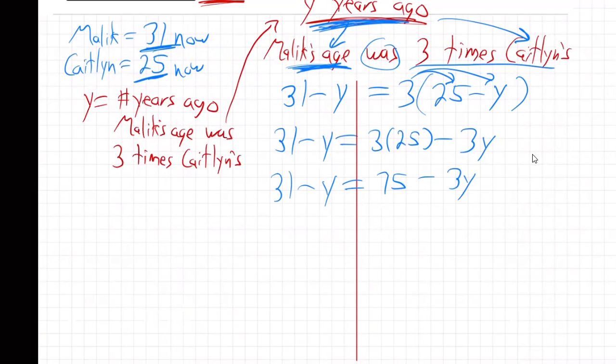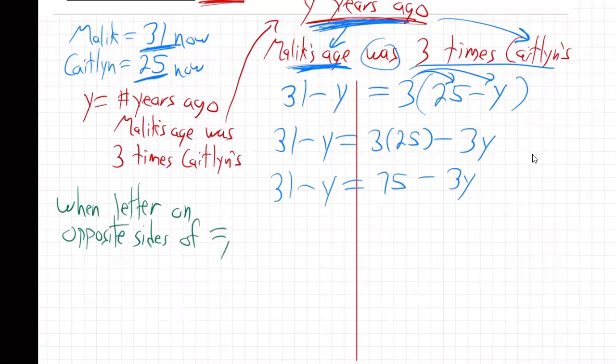Again, we have the letter on opposite sides of the equal sign, opposite sides of the wall. So what do you do when you have the letter on opposite sides? You basically get rid of one of them. You get rid of the lower one. When the letter is on opposite sides of the equal sign, do the opposite of the lower.